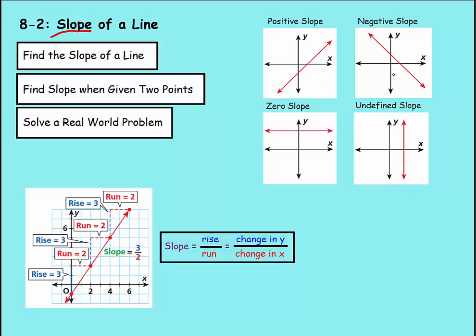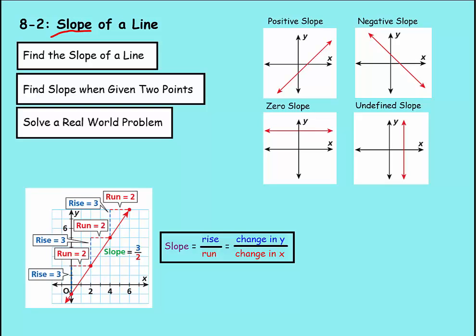No matter what kind of slope we have, it is all determined by the same formula, which is the rise over the run, or the change in y divided by the change in x. For example, if we start here at 0, negative 1 on the coordinate plane, and I want to get to this next point on the line right here, that's 3 spaces up and 2 spaces to the right.